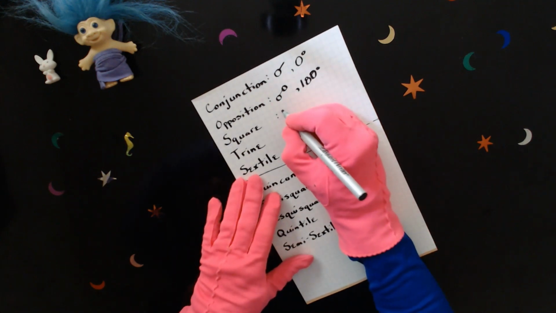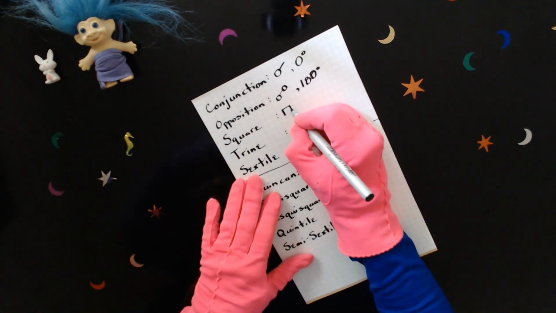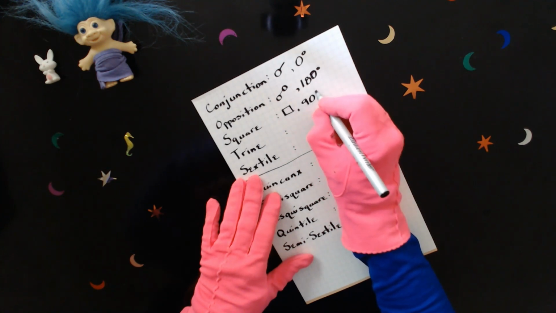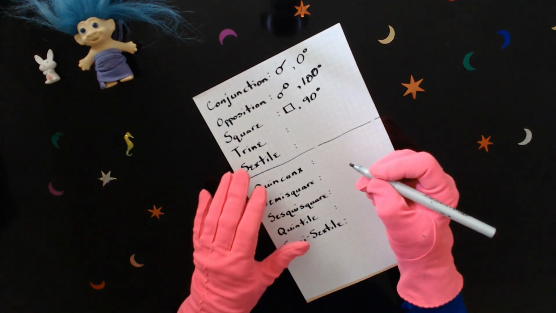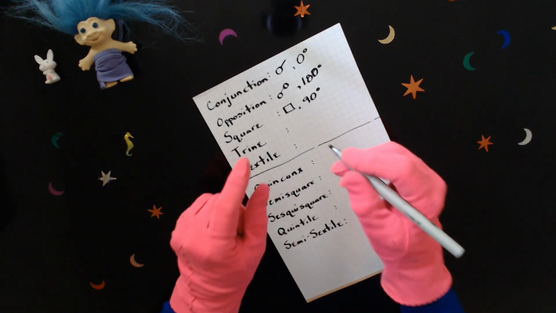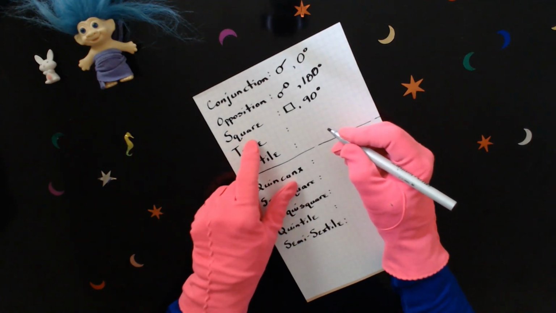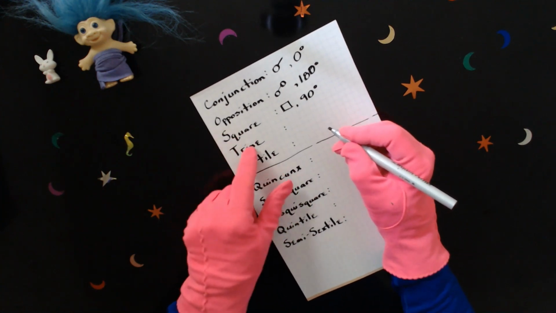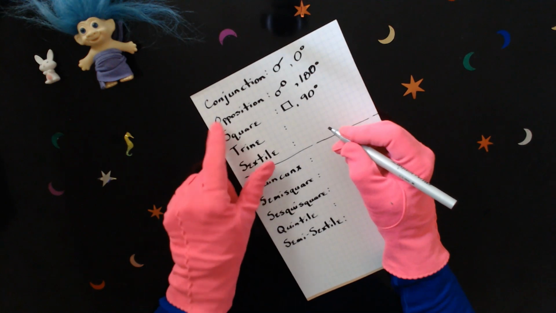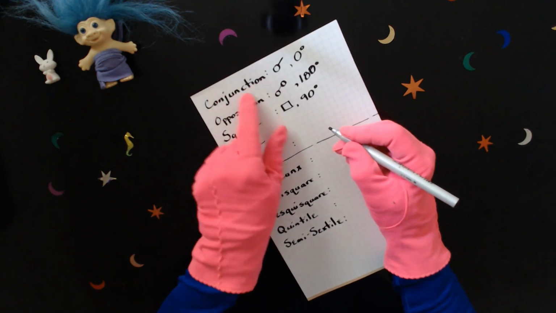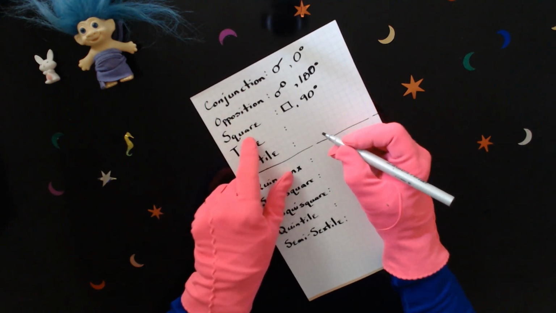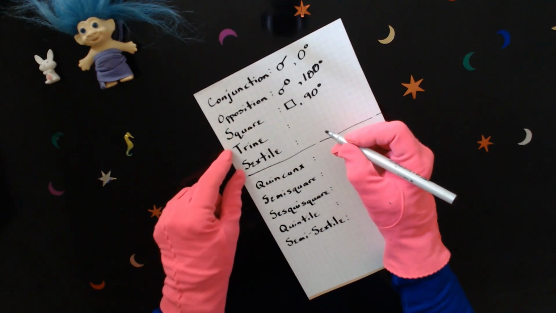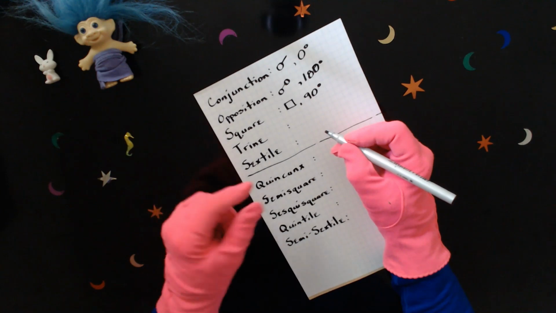Okay, square, well, that's pretty obvious. It's a square, and that's 90 degrees. And that, I think, is actually more difficult energy than the opposition. These first 2, or even the conjunction, depends on what planet is conjuncting it, but these are considered hard aspects, whereas the trine and sextile are soft or easy aspects.